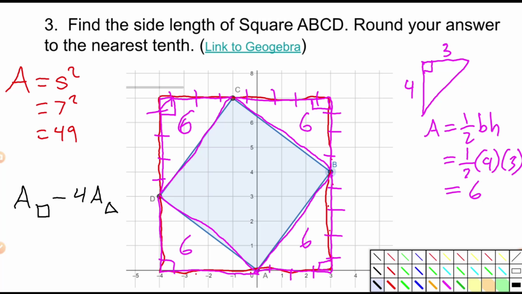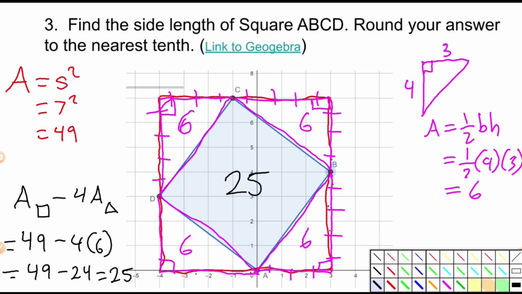They took the area of the large square, which was 49, and they subtracted 4 times the 6, because there's 4 triangles. And the leftover amount from that is going to be your answer for the blue square. So this is 49, subtract 24, which is 25. What the heck?